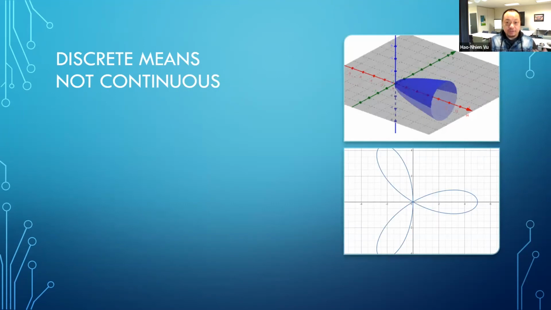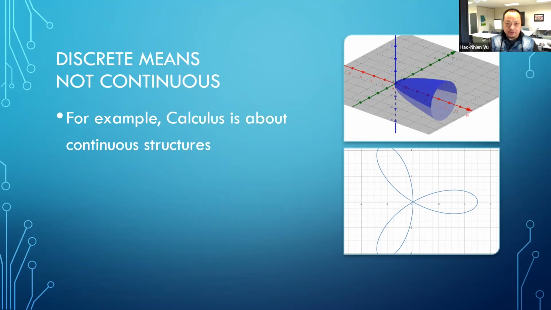The opposite of discrete is continuous. So for example, calculus is continuous. The top picture of a solid of revolution is a continuous surface in the XYZ space. The bottom picture of the graph of a rose is a continuous line on the XY plane. And the XY plane itself is a continuous surface.